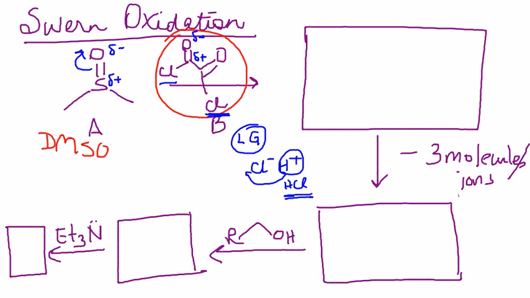That is why Cl negative is a good leaving group. So in a situation like this, where you have two methyls and they are not good leaving groups, those are going to stay there. When you add a proton to the methyl, that's going to give you methane, and methane is not acidic.